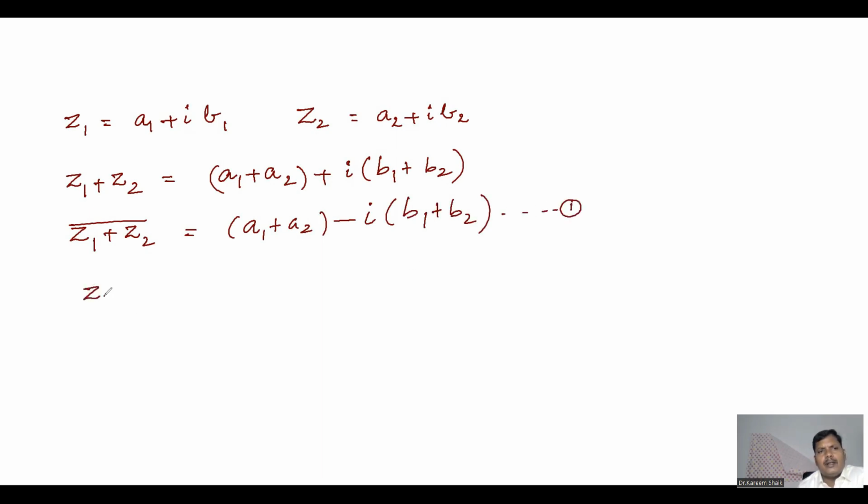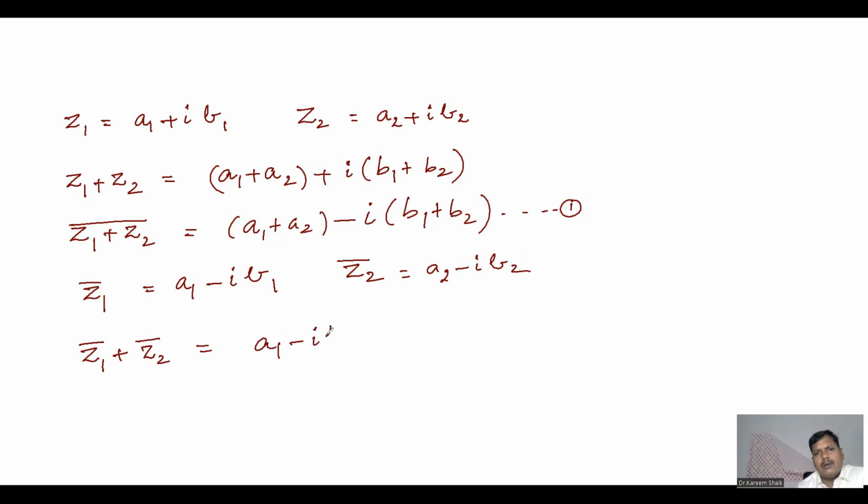Now I want to find the conjugate of z1. a1 minus iota b1, right? What is the conjugate of z2? a2 minus iota b2. I want to find now z1 bar plus z2 bar. What is it? a1 minus iota b1 plus a2 minus iota b2, right?